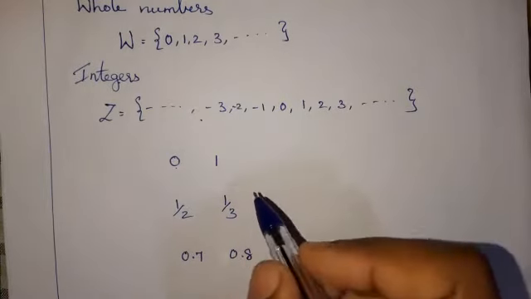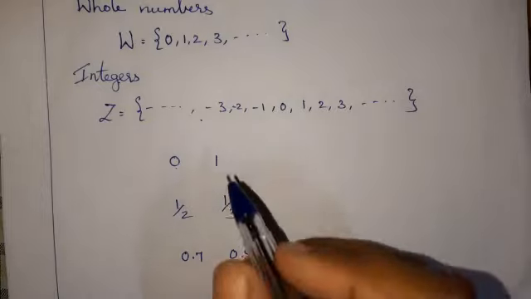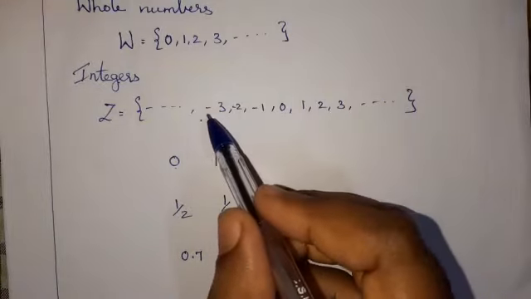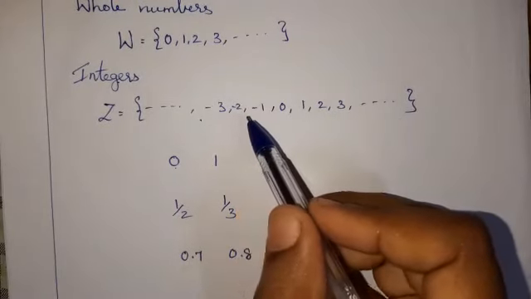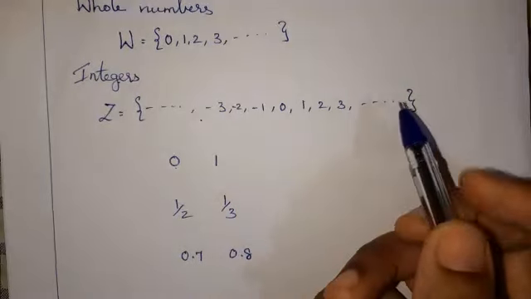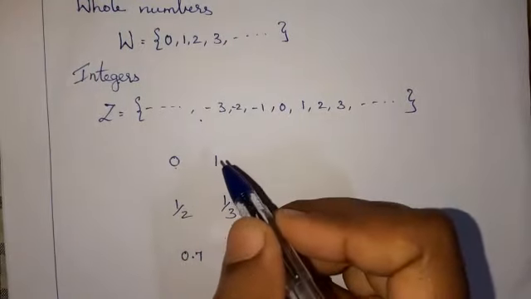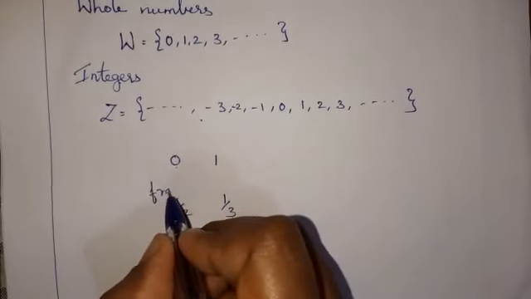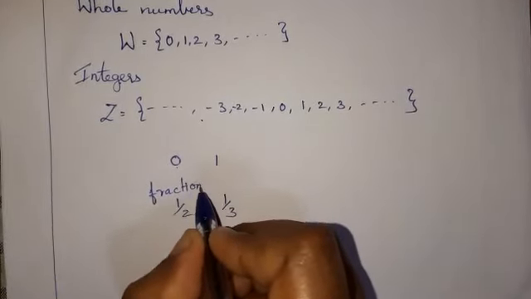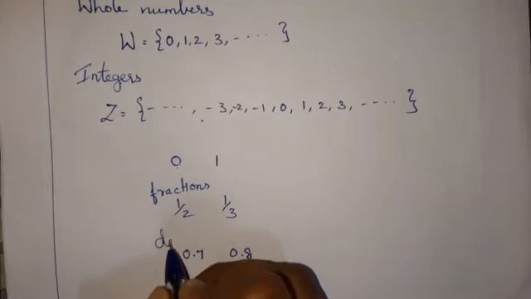Therefore, now you can call these non-integers. Integers go from negative to positive, like -3, -2, -1, etc. Now you can call the numbers 1 by 2 and 1 by 3 fractions. 0.7 and 0.8 you can call decimals.